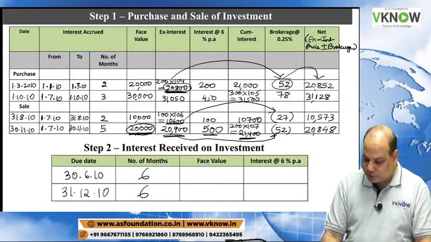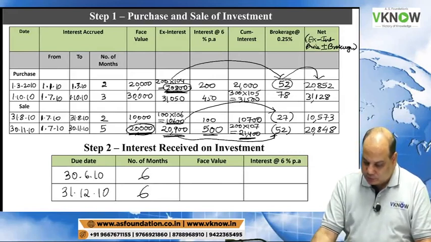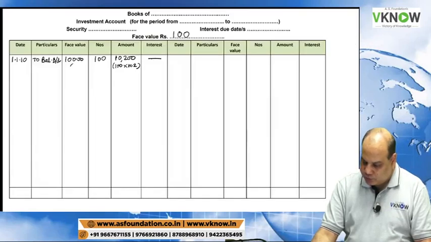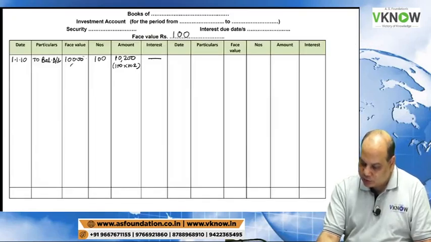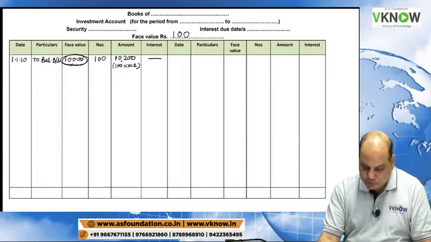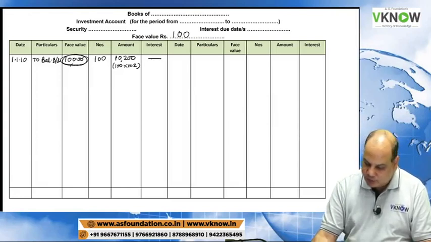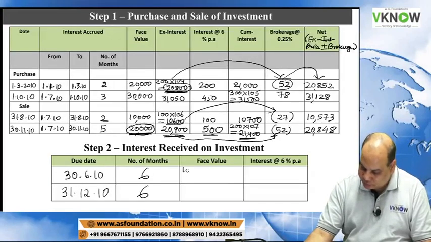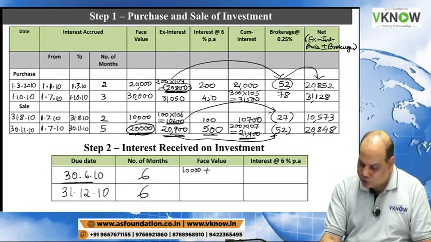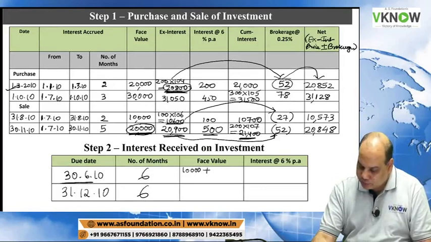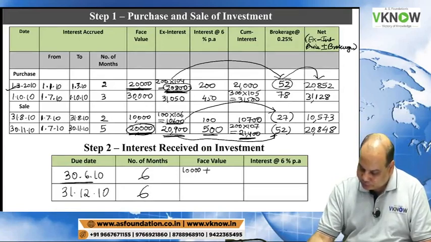What about the face value? So we have an opening balance of 10,000 here. And we purchased before 30th June one more lot of 20,000.